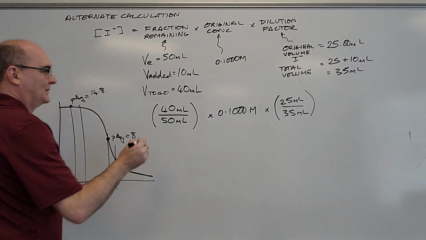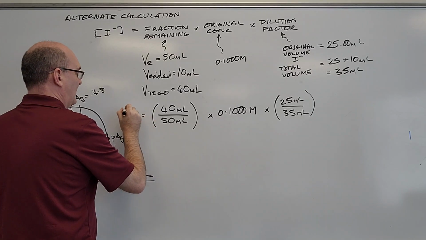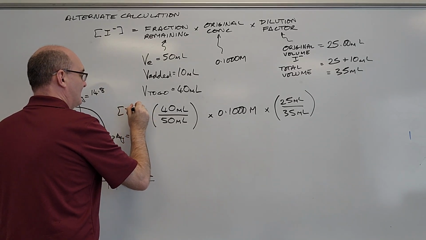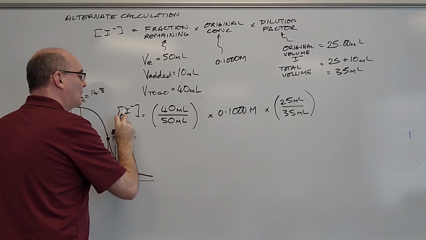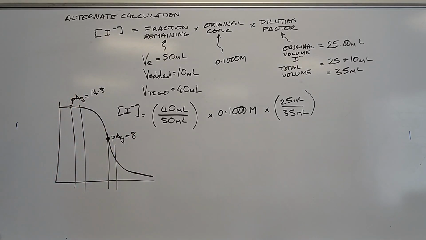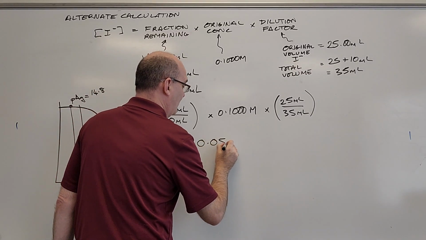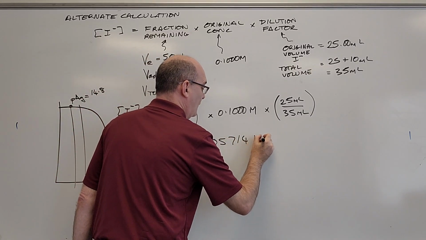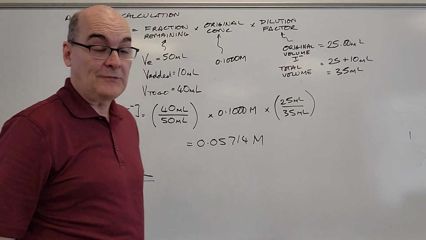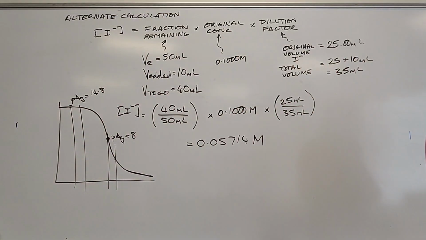All of those numbers put together find the value of iodide, which comes out at 0.0571. You still have to go find the value of silver by doing the Ksp.